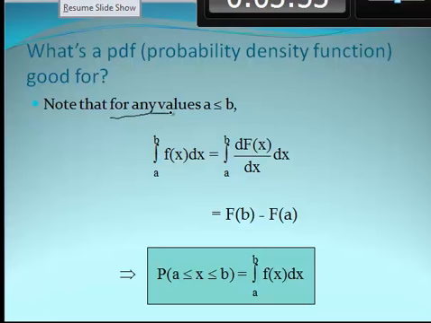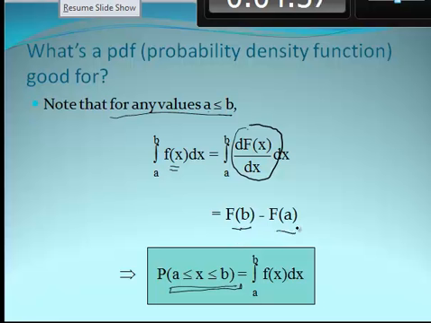Note that for any values A less than or equal to B, all we need to do is integrate that probability density function, and we can find the probability of something happening between those two numbers, A and B. Also, we could find the same probability by simply subtracting cumulative distribution function values, for example F(B) minus F(A).